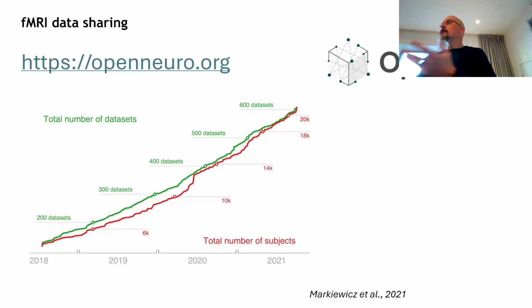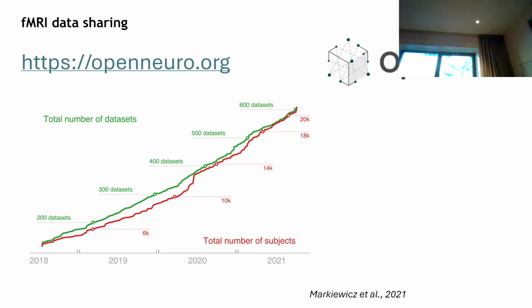Okay, so this afternoon, we'll use data that are openly accessible. Where can you find them? One way is to use OpenNeuro. That was formerly OpenfMRI, if I'm not mistaken. You can see that at the beginning of 2018, on this platform, there were only 200 datasets and just a few subjects.